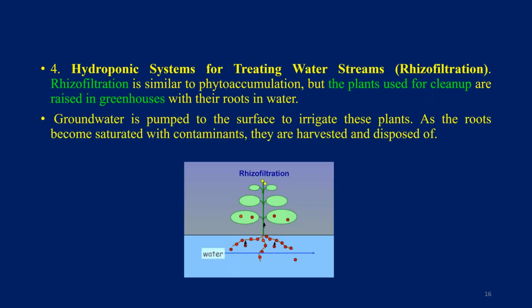Rhizofiltration is similar to phytoaccumulation, but the plants used for cleaning up are raised in greenhouses with their roots in water. Groundwater is pumped to the surface to irrigate these plants. As the roots become saturated with contaminants, they are harvested and disposed of.